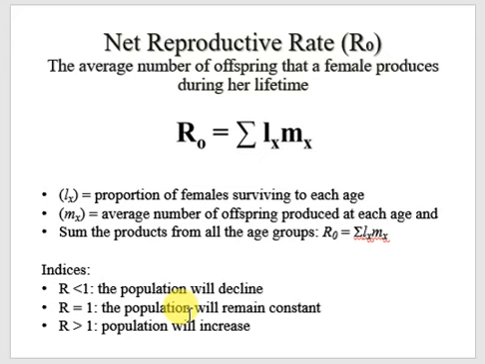If your R value is greater than 1.0, that indicates the population will increase. There's actually more offspring being produced than what's needed to replace that female when she's lost. So that's net reproductive rate, how you calculate this index, and how you use it to determine the trend of the population and the rate at which it will change.